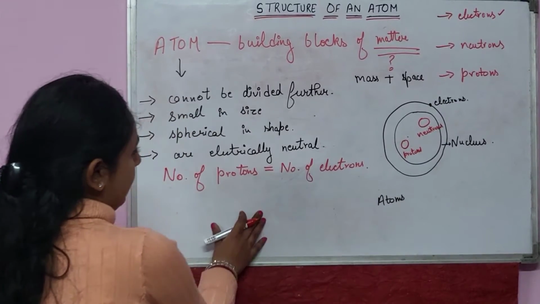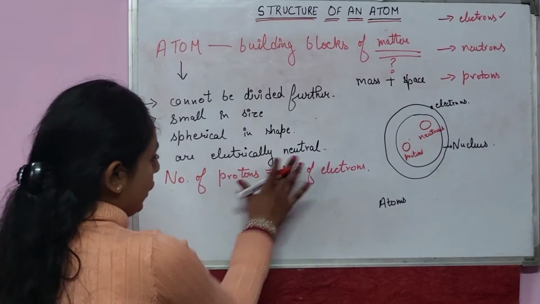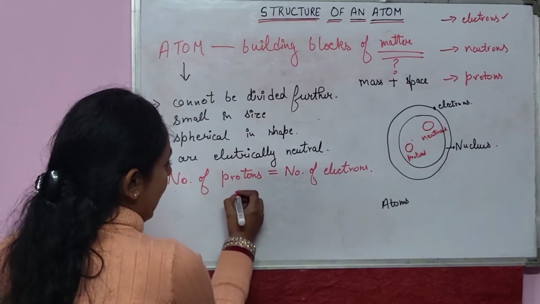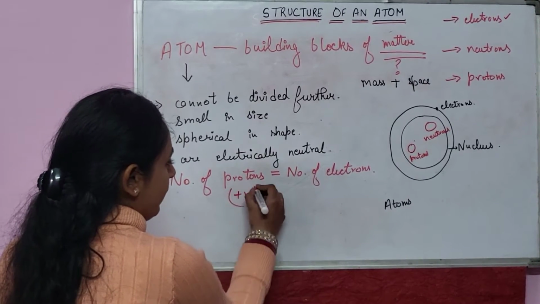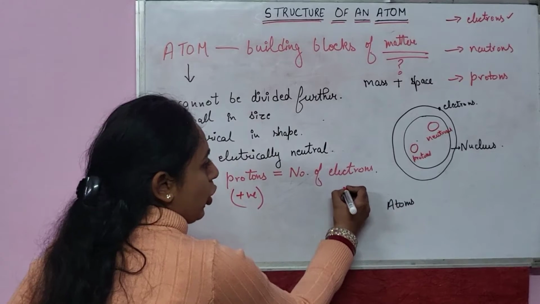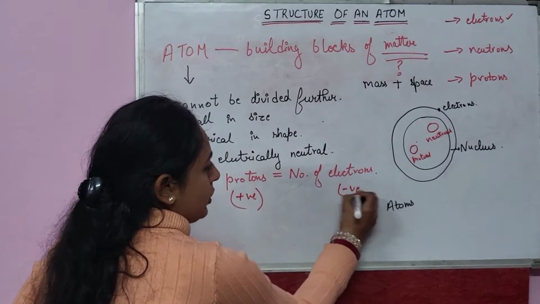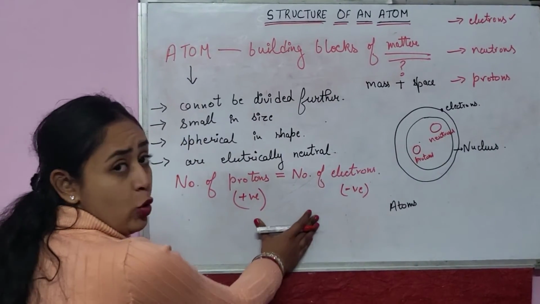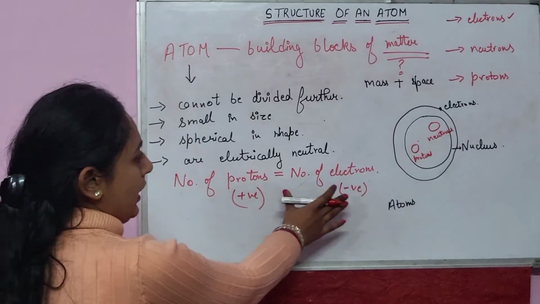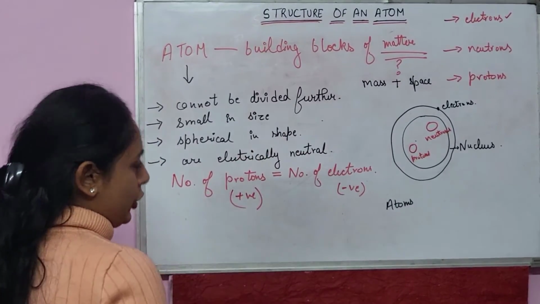That's why an atom is electrically neutral. Protons are always positive in nature, electrons are negative in nature. So the number of protons is equal to the number of electrons, and the atom is electrically neutral.